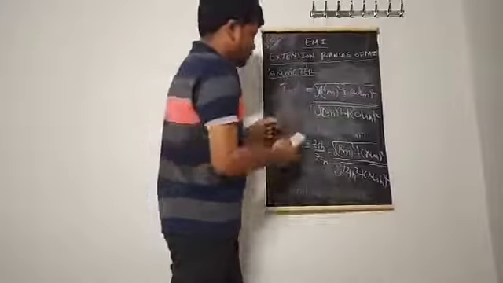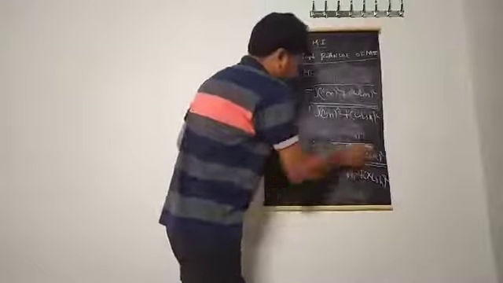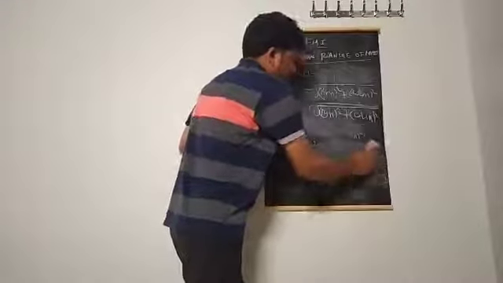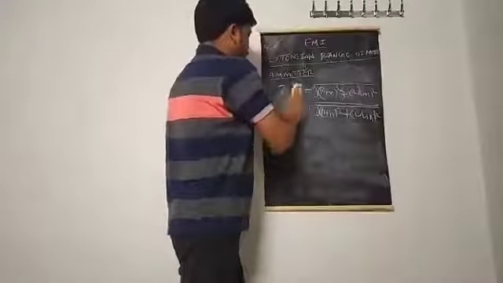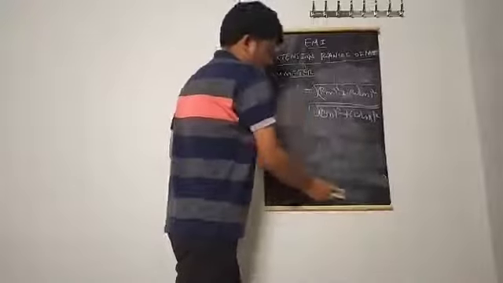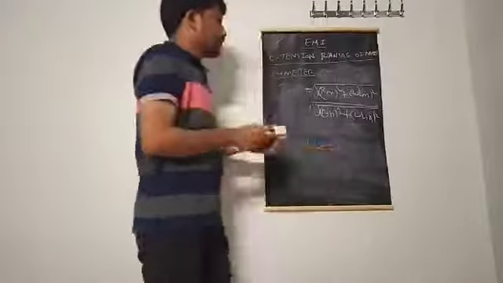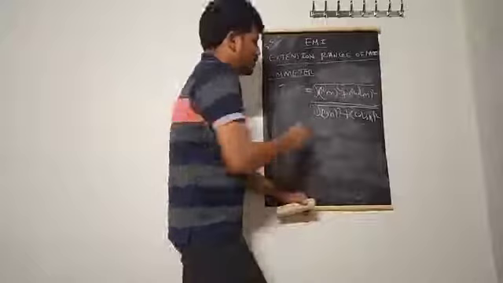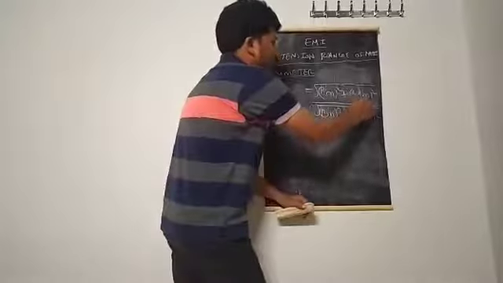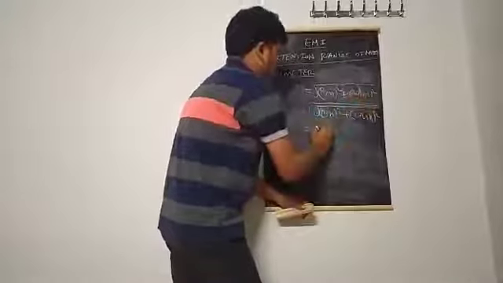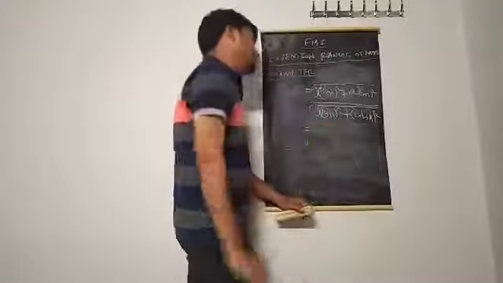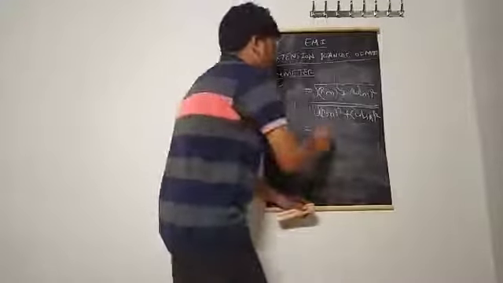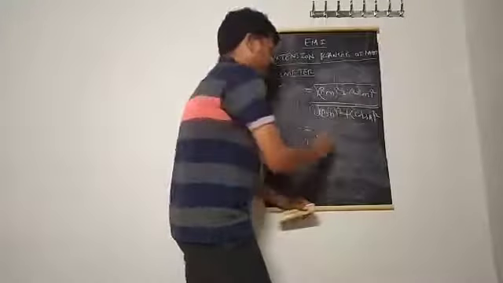Okay, is it clear? So, after that, first we'll take Rm square common in the numerator, and RSH square common in the denominator.